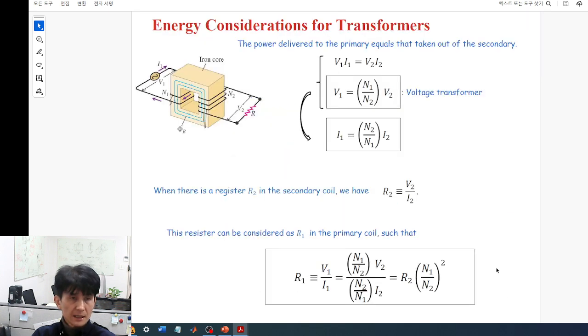And there is a phase diagram, and there is one thing which is sometimes very important. This is the energy conservation for transformers.